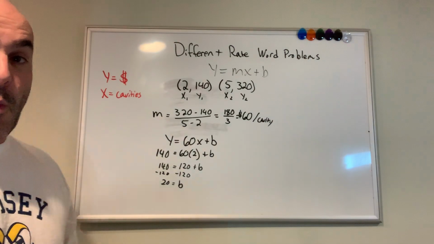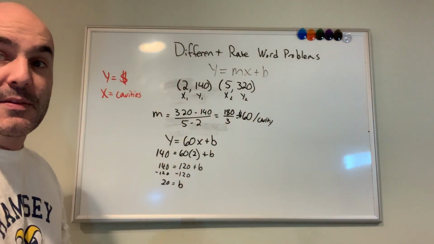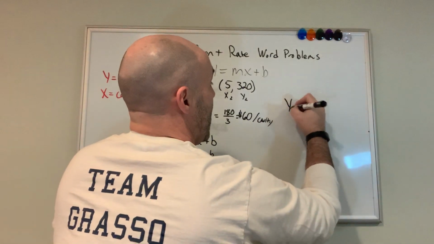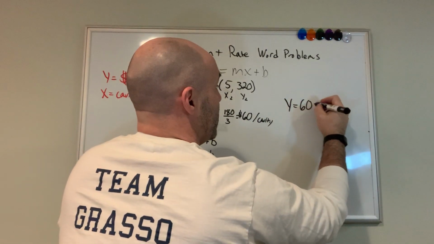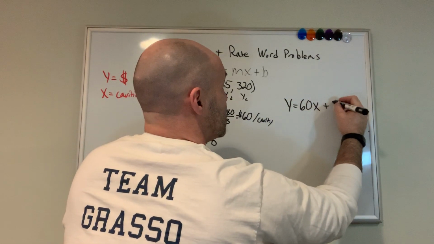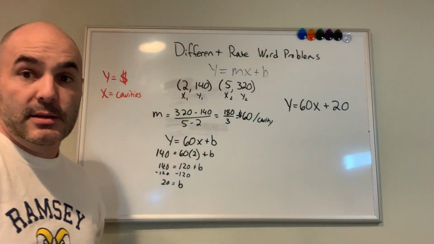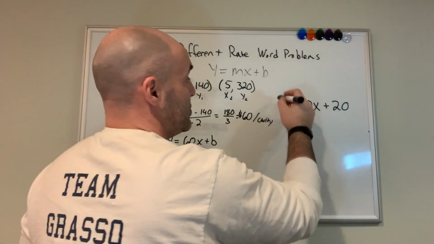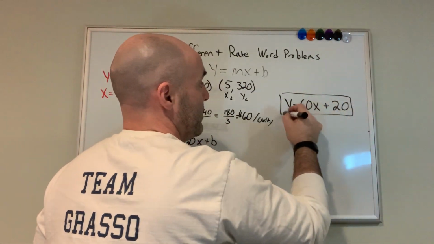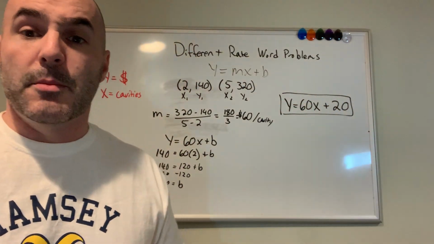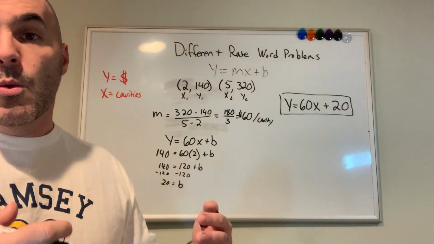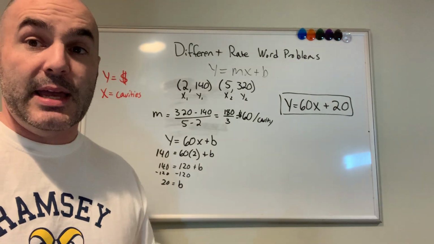Okay, now what we can build is the formula that the dentist used to charge his customers. Y equals $60 per cavity plus the $20 copay. That's the formula we're going to be using here. But the next part of the question is how much will he charge someone to fill 3 cavities?